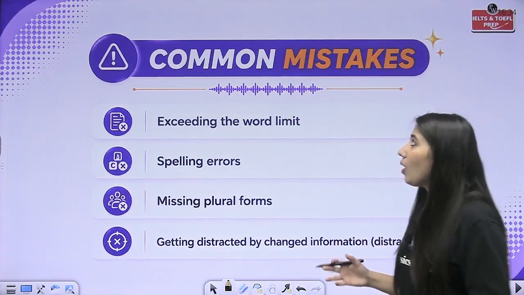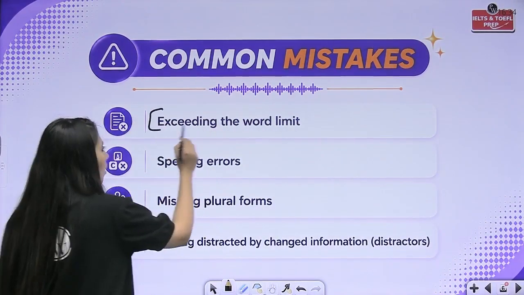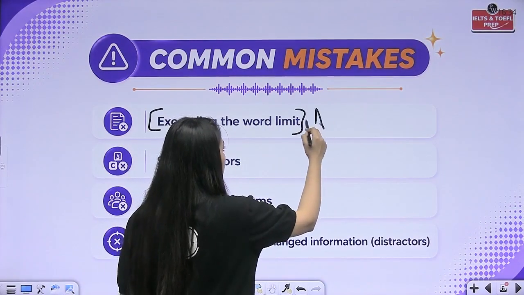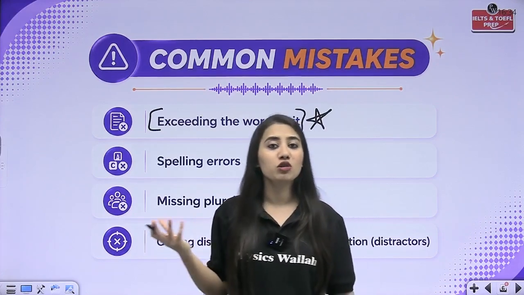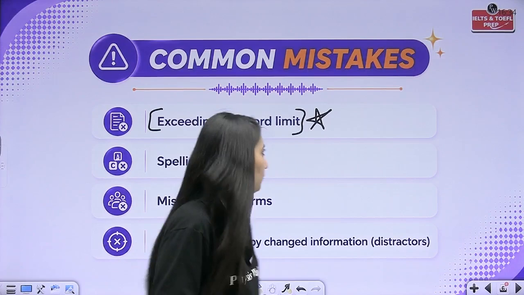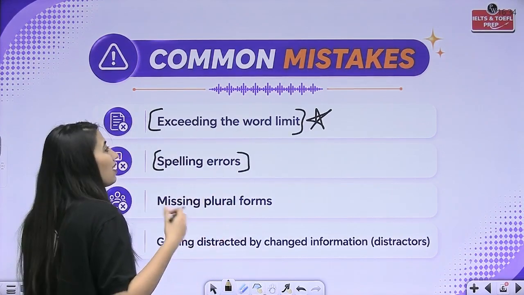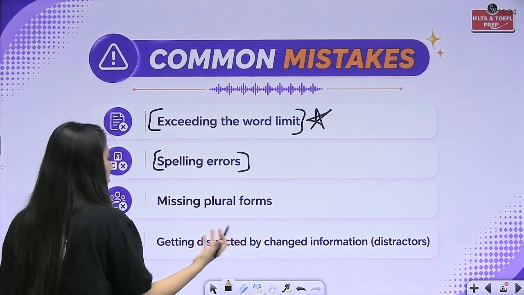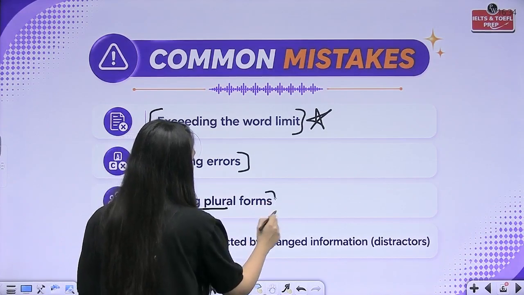Now, some common mistakes. Exceeding the word limit can be one of the biggest mistakes, where you didn't realize that you were not expected to write more than 2 words and you wrote more. Same goes for numbers as well. And spelling errors can be there. If you're not quite aware of checking your errors, you can fall into this trap. Then missing plural forms.